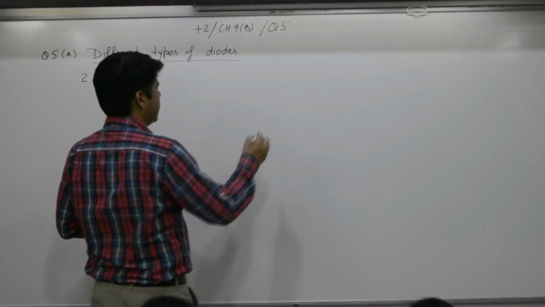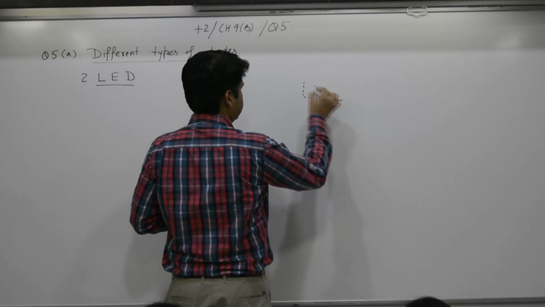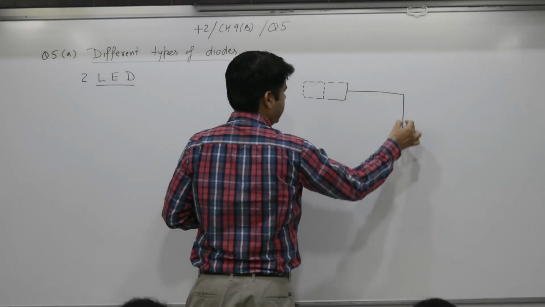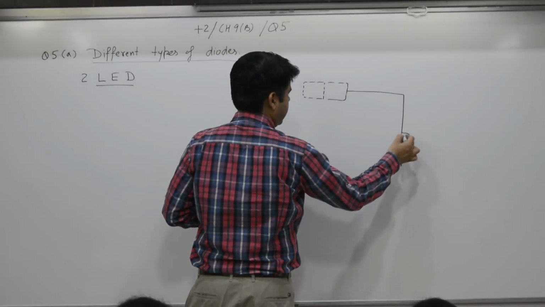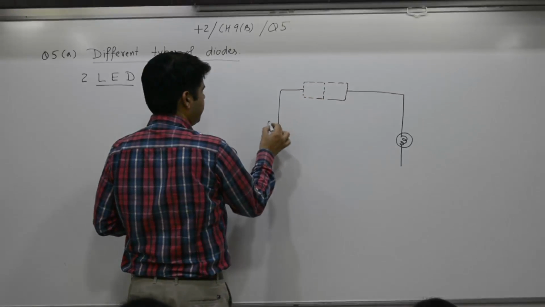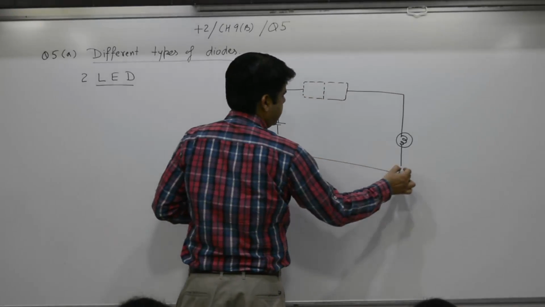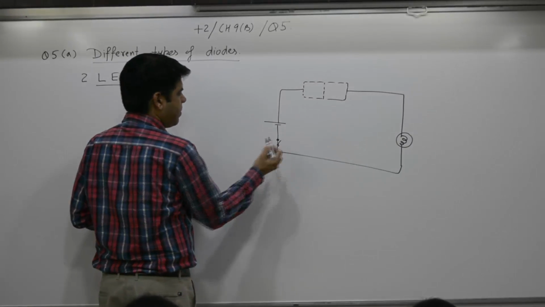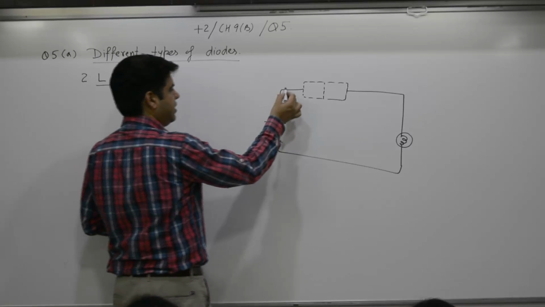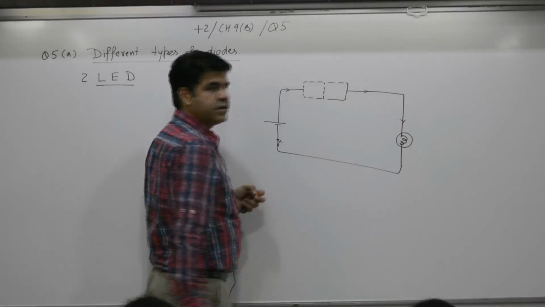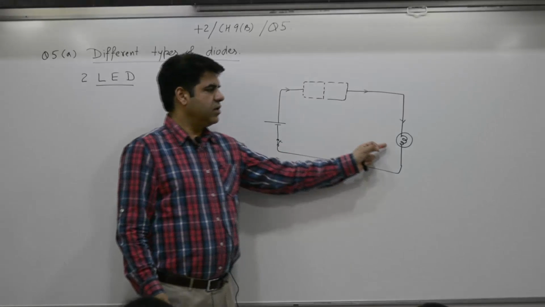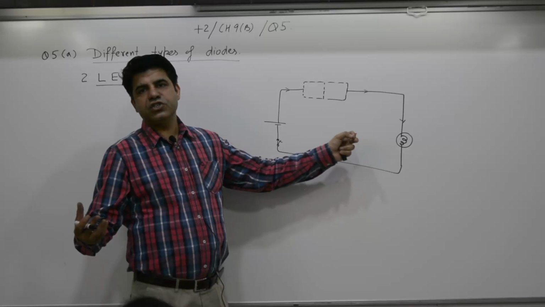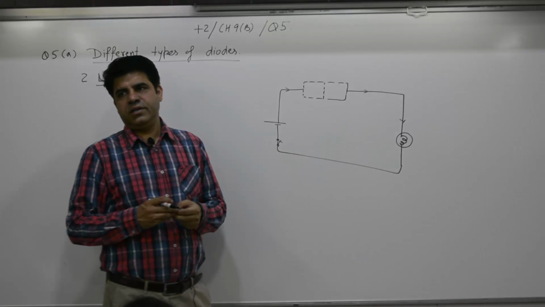So the conventional circuit was one diode placed the same way you place a switch. You can also mark a switch here. When you switch on, current flows in the circuit. Bulb, TV, any other instrument, mixer, grinder, whether it is on or not, that is what you want to see.